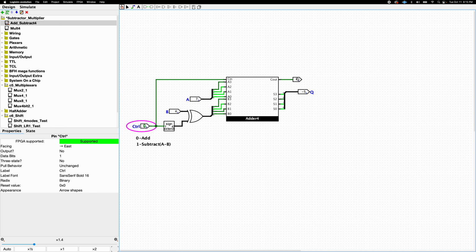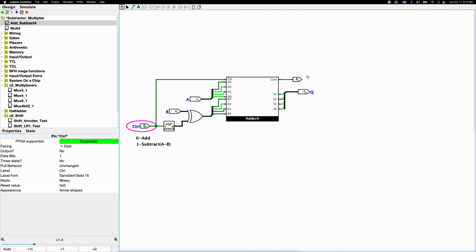For sign magnitude, it could represent the sign, whether it's 1 for negative or 0 for positive. Or for 2's complement, it's usually, or I should say always, ignored, because when performing addition in 2's complement, we always ignore the very last carry out, if that makes sense.